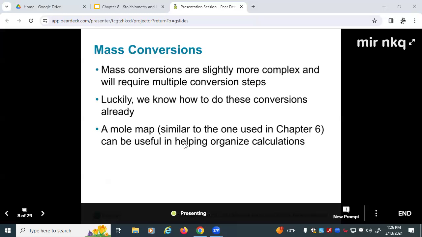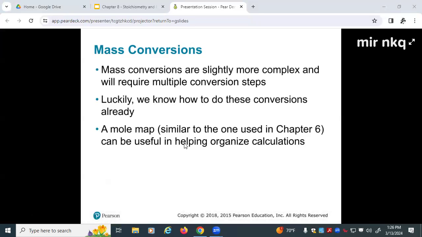So here's where this map that I gave you is going to come in handy. When we do mass conversions, usually mass conversions involve multiple steps because it's not just turning moles of an object into grams of that same object, or grams of one object into moles of that same object.